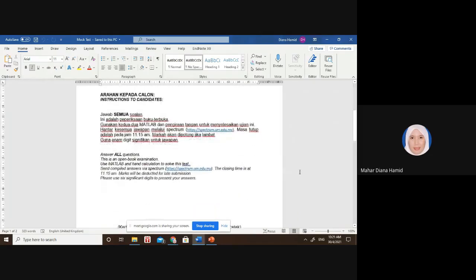So this would be the instruction. You have to answer all questions. This is an open book examination, and you have to use MATLAB and hand calculation to solve this test. And also you have to compile your answers via Spectrum.